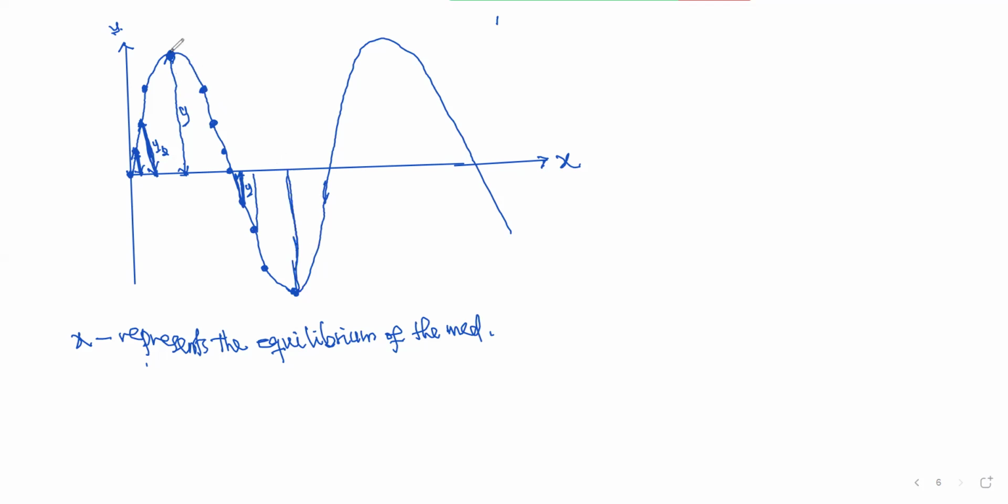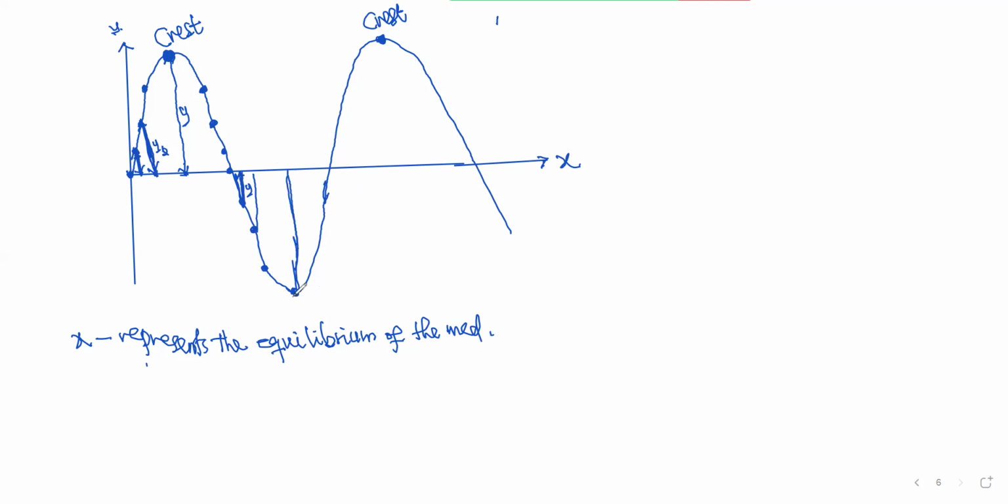Now, a point of upward maximum displacement of particles of the medium is given a special name. This is the crest. So the wave has points where particles have been displaced so much above: crest.